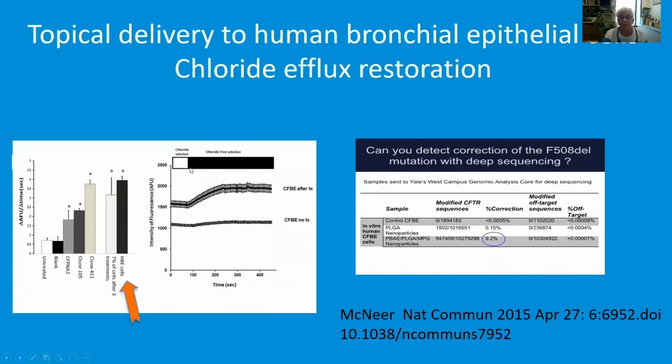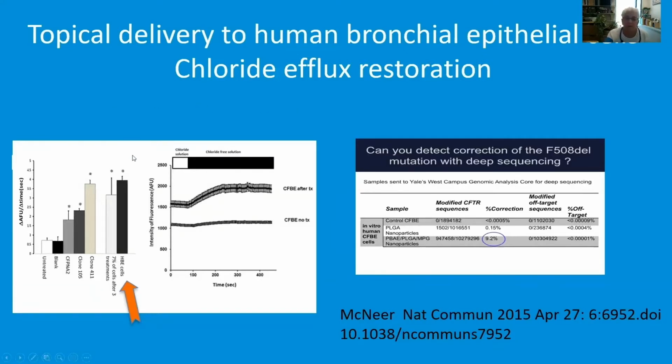So topical delivery to human bronchial epithelial cells was our first step. And what we found is we were able to develop particles and deliver them to airway epithelial cells. And then we looked at chloride efflux restoration in these CF-affected cells.